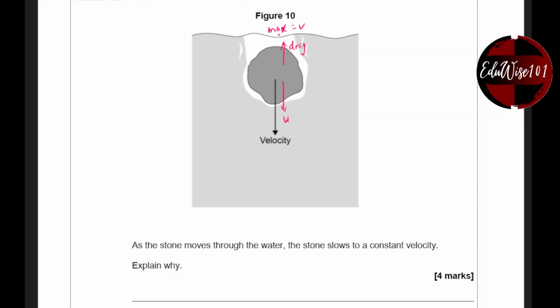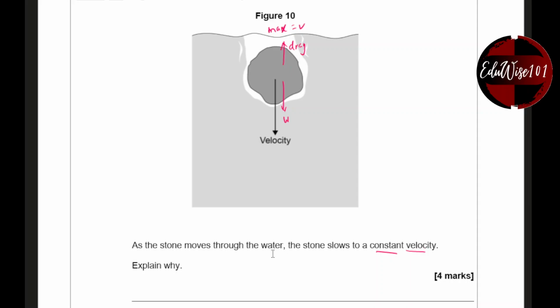Now, because the velocity when it hits the water is maximum, the drag is also going to be maximum or higher. But as it slows down, the drag also decreases, which means the stone now falls at a terminal velocity. So that's why terminal velocity is constant velocity here.